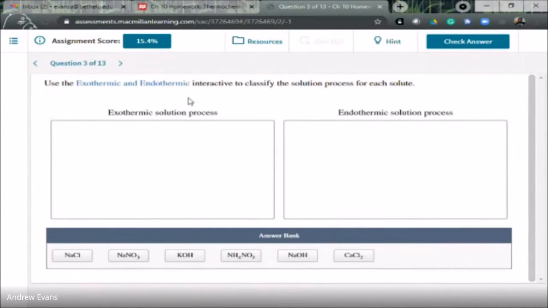Exothermic means releasing heat. I can't remember what the interactive is like without clicking on it, but if you're putting this into a liquid and the liquid temperature decreases, the solution has donated heat to the system, which is the reaction.